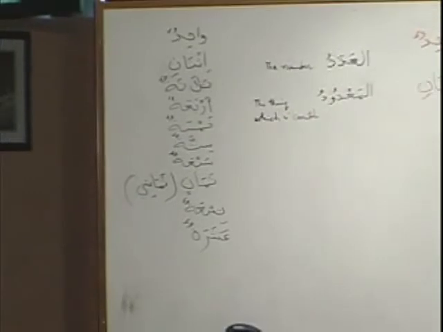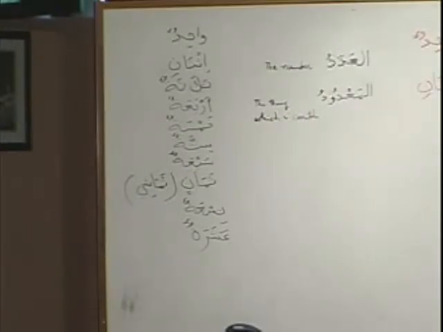Okay. On this side, I have written Wahid, Ithnani. The way they pronounce, they won't say Wahidun. They'll say Wahid. And then Ithnani. Do you see Ithnani? What do you see in the Hamza?